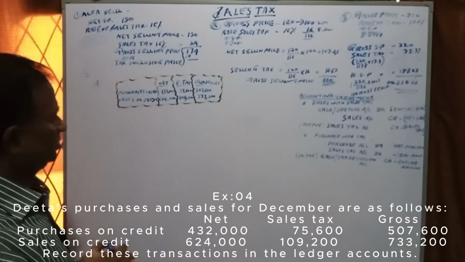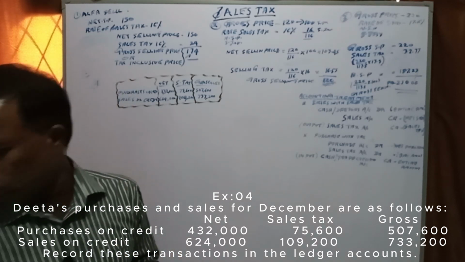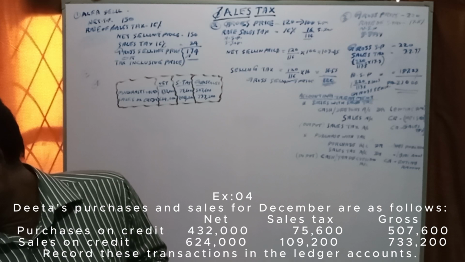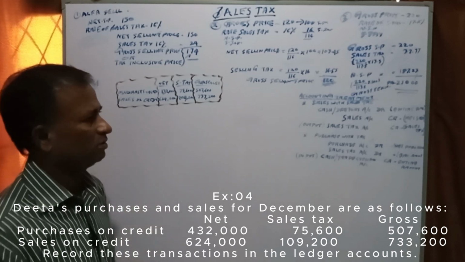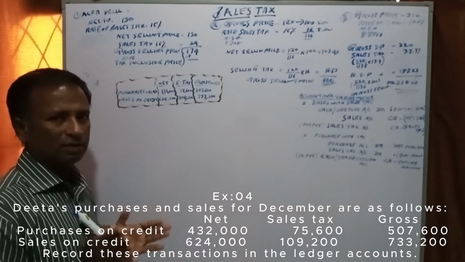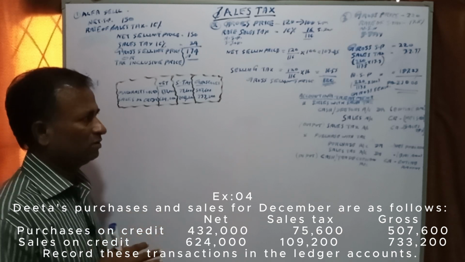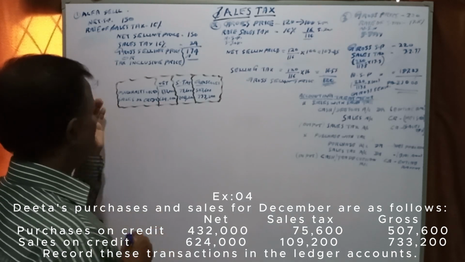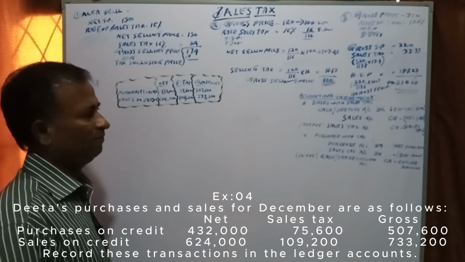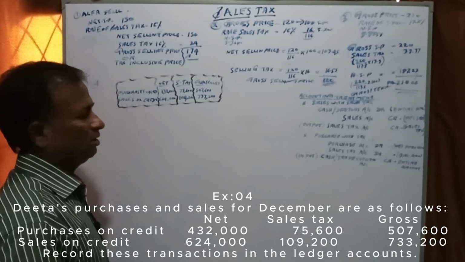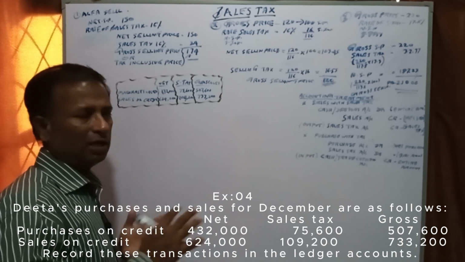Now what they want us to do is record the transactions in ledger accounts, right? So here we have purchases, sales, okay, and debtors, creditors, and cash account.